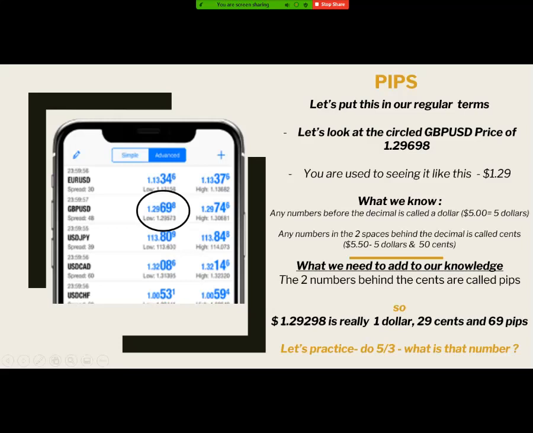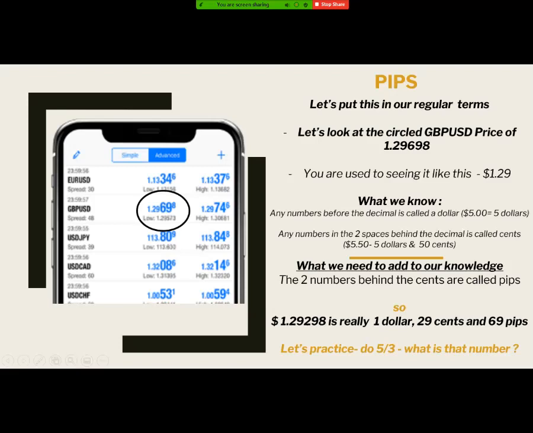Let's not make it difficult. We're used to the dollar, we're used to the cents, so just add an extra category, pips. Not that hard. And then again, these little numbers behind it are called a pipette. Everything has a name. People who invest in wealth put an address to every cent, and that's what we're going to start doing.